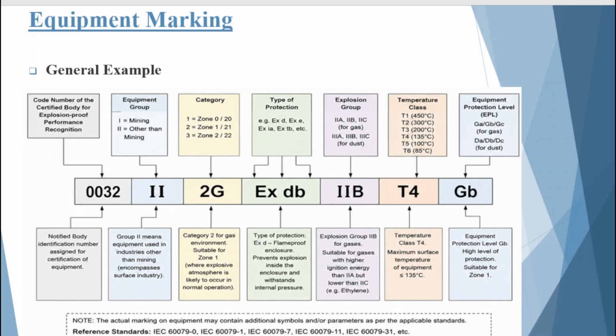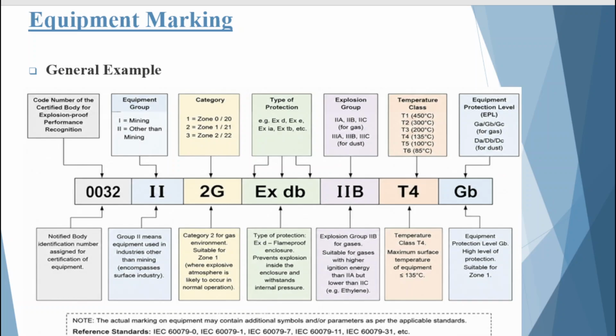Next is T4, which indicates the temperature class. A T4 rating means that the maximum surface temperature of the equipment will not exceed 135 degrees Celsius during operation. This ensures that the equipment surface remains below the auto-ignition temperature of the surrounding gas.